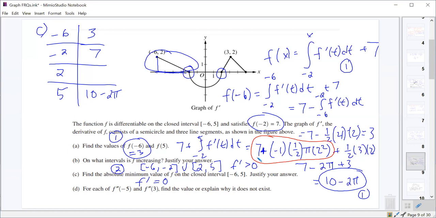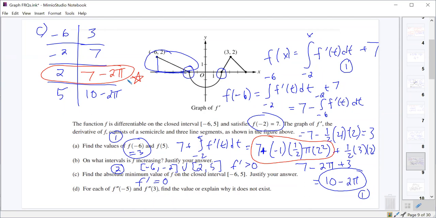So that's 7 minus 2 pi. And which of those is the smallest? Looks like 7 minus 2 pi is the smallest, because that's going to be less than 1. The others are not less than 1. Everybody good with that on part C?